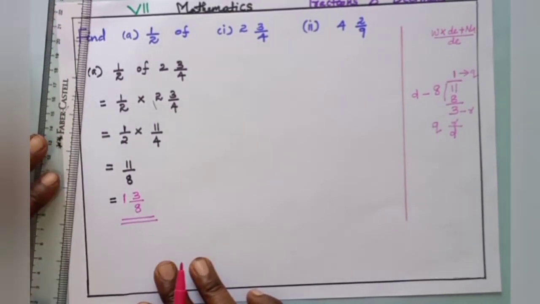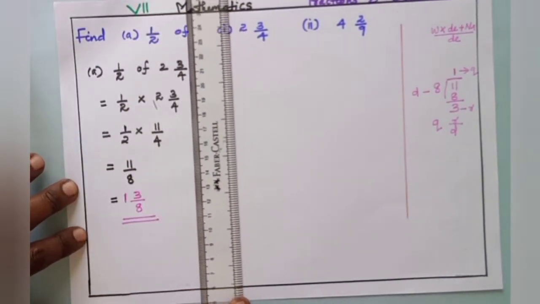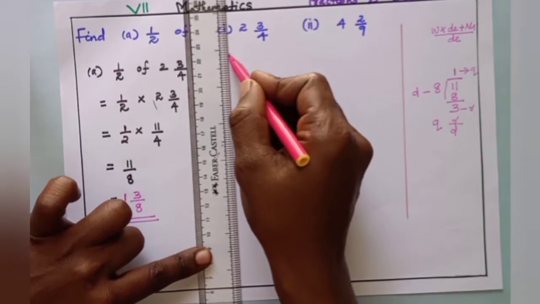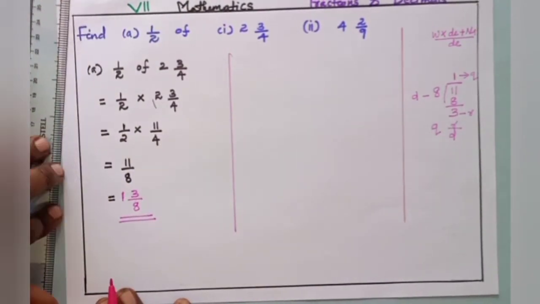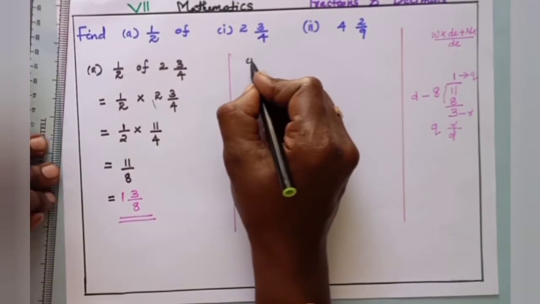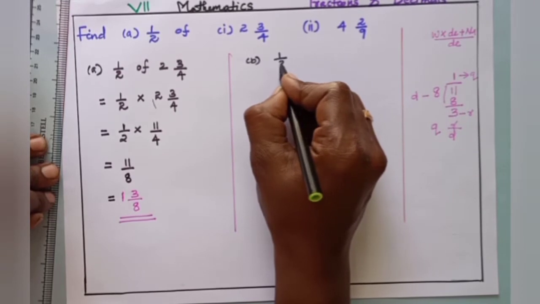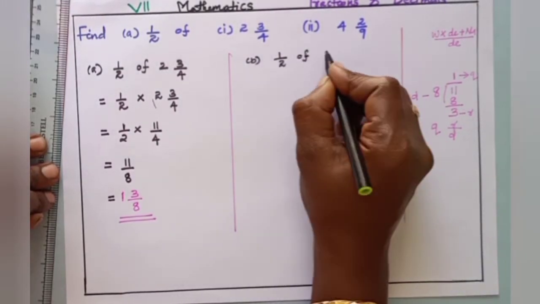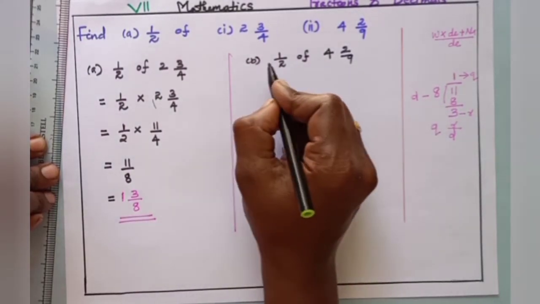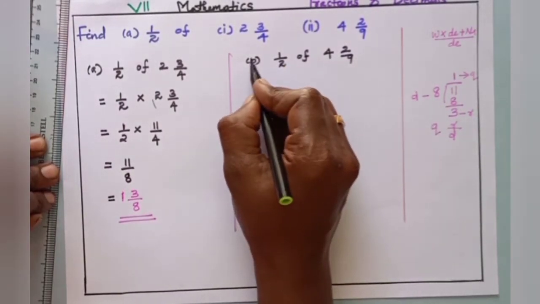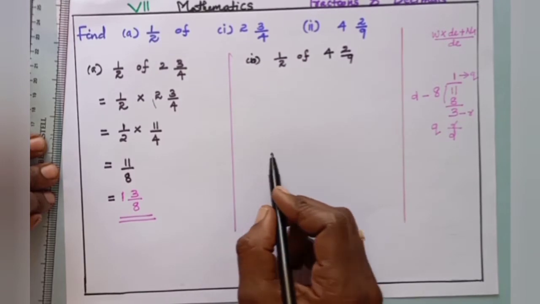And second sub question is 1 by 2 of 4 and 2 by 9.